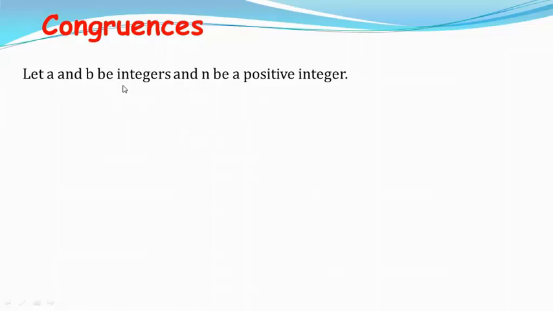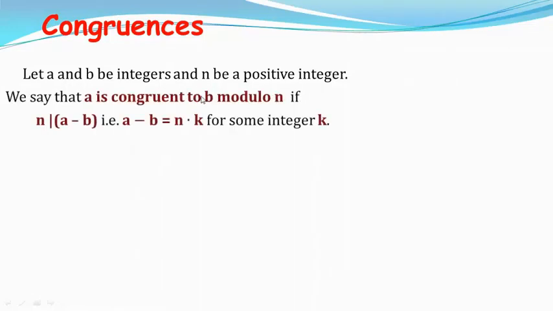Now congruence. Let a and b be integers and n be a positive integer. Then we say that a is congruent to b modulo n if n divides a minus b. That is, a minus b is equal to n into k, that is, a minus b is a multiple of n. Then we say that n divides a minus b, for some integer k.